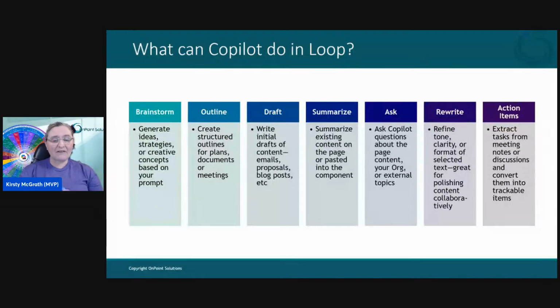Outlines, doing some drafting. I often will summarize a page because what happens with Loop is when you create Copilot pages or you're doing some meeting notes inside Microsoft Teams, it actually generates Loop. So loops then get created in pages, which means I'm often going back and summarizing various information across from previous pages. I'm going to show you a bit of that.